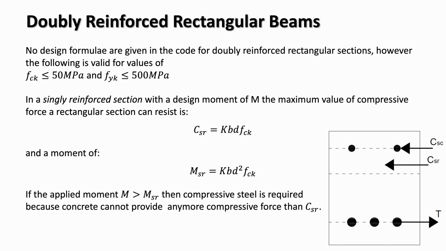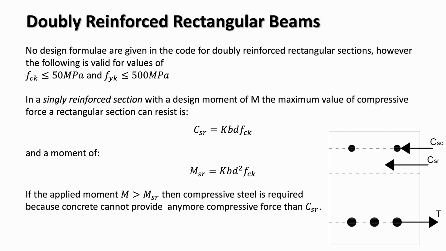In a singly reinforced section, there is a limit to how much compressive force the concrete can provide, and that maximum concrete compression, C_SR, for singly reinforced, equals K_B d f_ck, and therefore the corresponding limiting moment is M_SR equals K_B d² f_ck. As long as the design moment is below this value, the section can be designed using tension steel only.